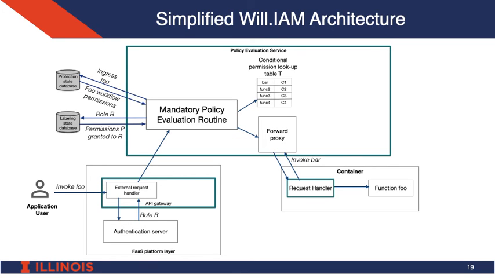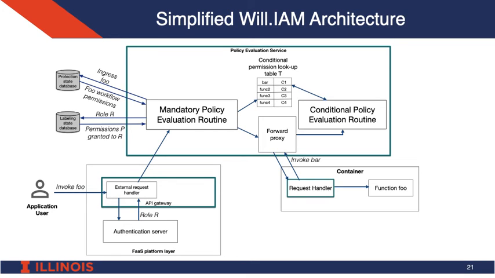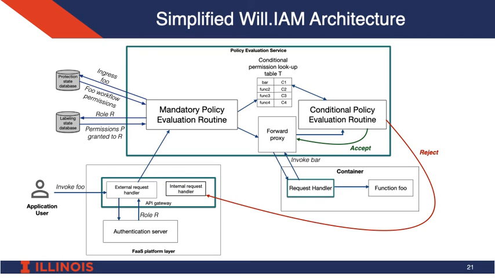When eventually a conditional function invocation actually takes place, like bar is getting invoked here, the conditional policy evaluation routine is invoked. This routine consults the lookup table to compute whether the request has the necessary permissions to execute function bar and then either accepts the request or denies it and forwards the decision to the internal request handler in the API gateway.